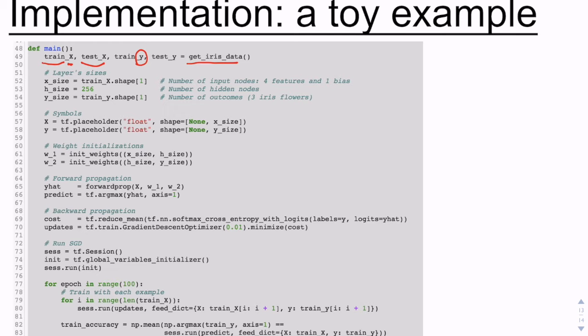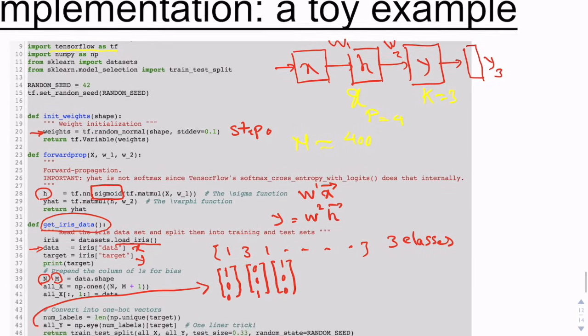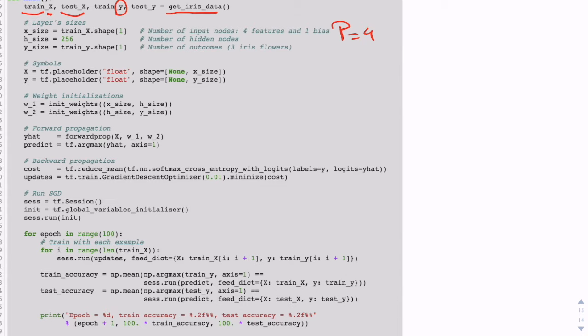We have 4 features, so P is 4. The number of hidden units for the hidden layer is 256. So if you have a neural network, we have 1 2 3 4 inputs, and the hidden layer has 1 2 3, all the way to 256. The input is 4, and then the output is 3.